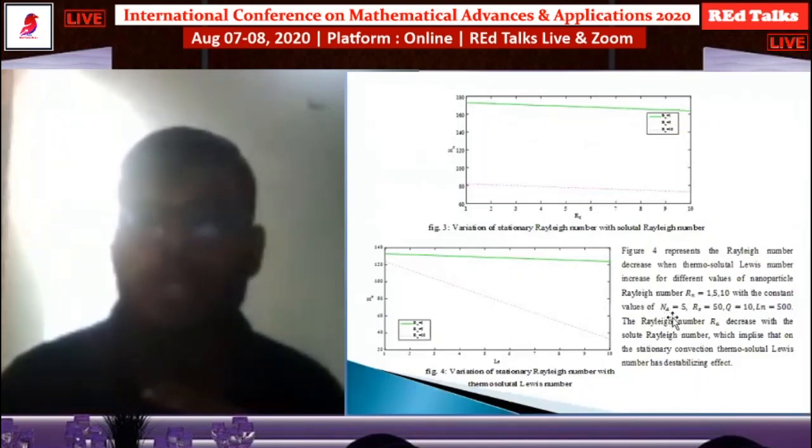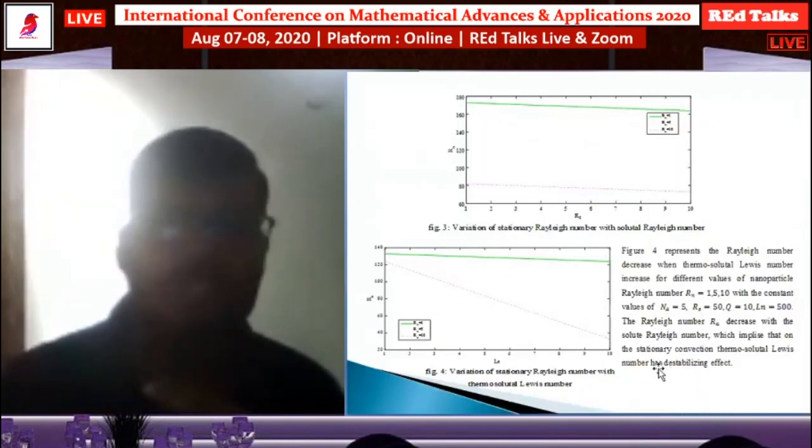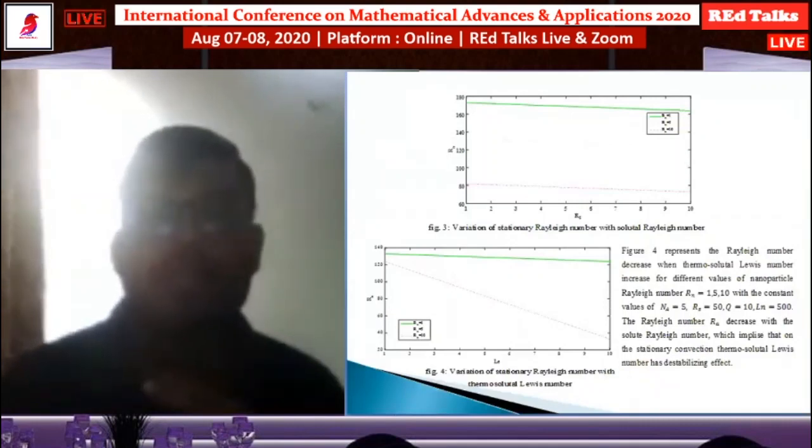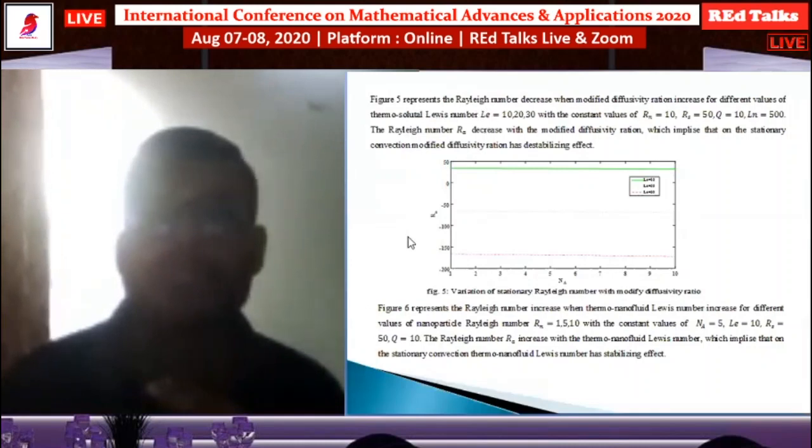The Rayleigh number Ra decreases with the thermosolutal Lewis number, which implies that on the stationary convection the thermosolutal Lewis number has a destabilizing effect. Now figure 5 represents the Rayleigh number decreasing when the modified diffusivity ratio increases. In this graph, on the stationary convection the modified diffusivity ratio has a destabilizing effect.